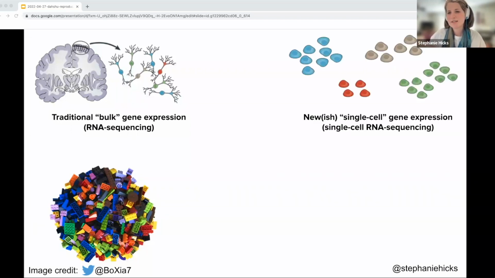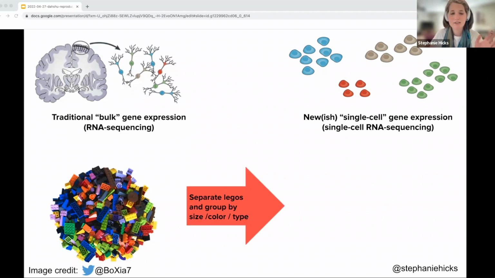Fast forward to 2014, 2015, when single cell RNA sequencing platforms or technologies came online, commercially available. What that meant is we now get a molecular readout, or molecular profile, for each individual cell, as opposed to an average across all the cells, which is what bulk RNA-seq does.